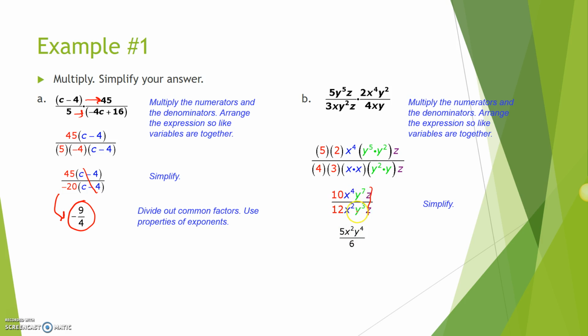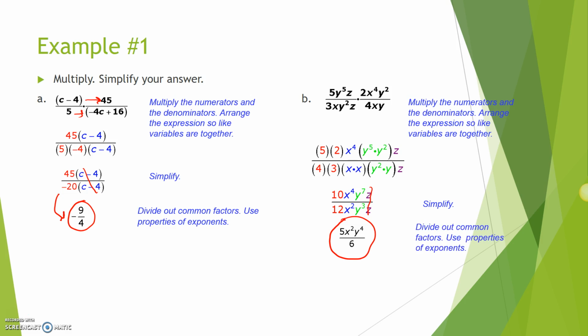Y to the 7th over y to the 3rd becomes y to the 4th. I simplify 10 over 12, which becomes 5 over 6. Then we get 5 x squared y to the 4th over 6, and this will be my final answer. So you have to bring in your exponent rules when you're working with multiplying and dividing rational expressions.